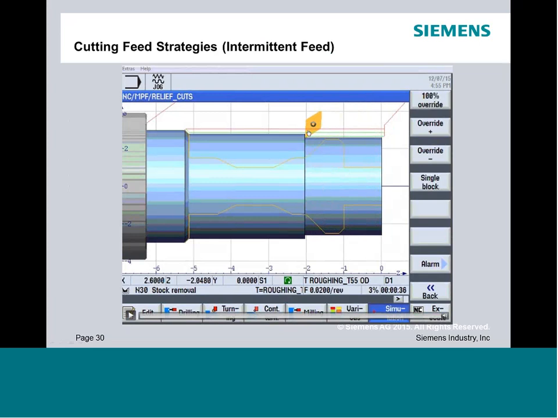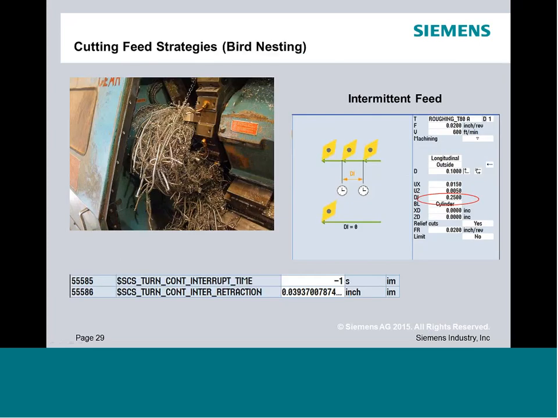Again, if I don't want it to back up, or I want to control how much it backs up, or how much it delays prior to backing up, that is all done from these 2 machine parameters, 55,585 and 55,586. I can control the nature of how that responds. You'll find this is an invaluable cycle when you get to materials where I just can't break that chip. And then you can obviously play around with how aggressive this value is, greater or less than.